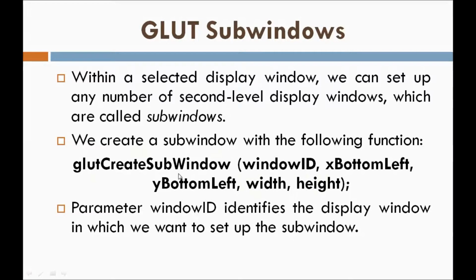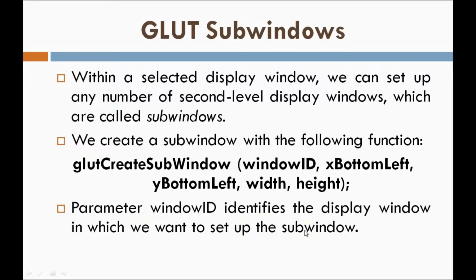In this way you can create a sub window. Remember one thing, the sub window ID is different from the original window ID, because a sub window is a window within the main window. Getting it, guys?